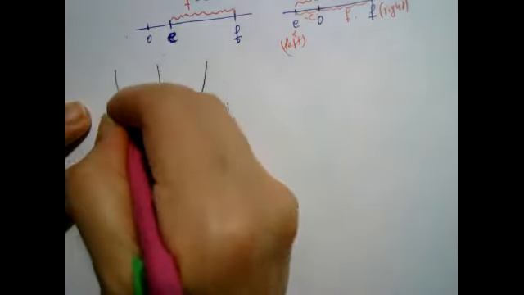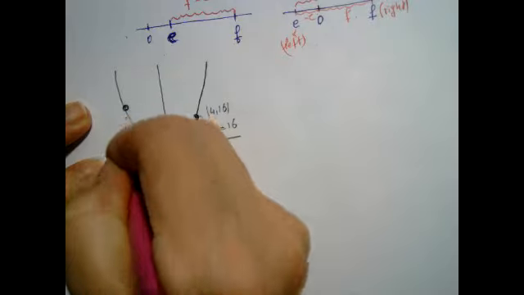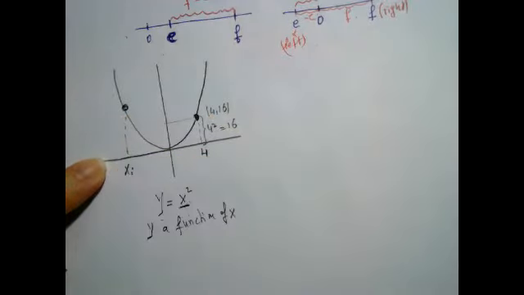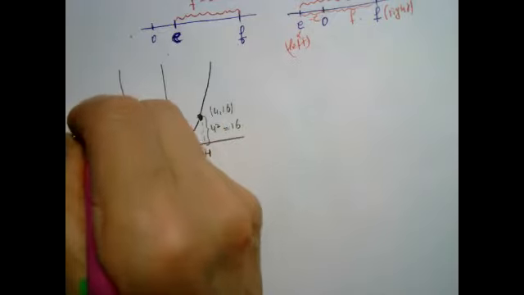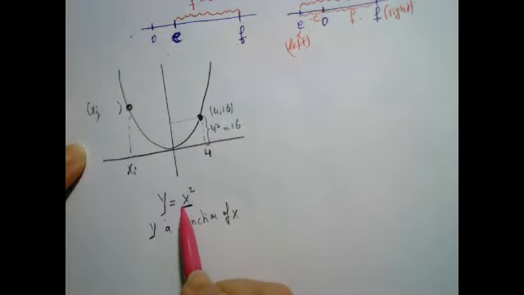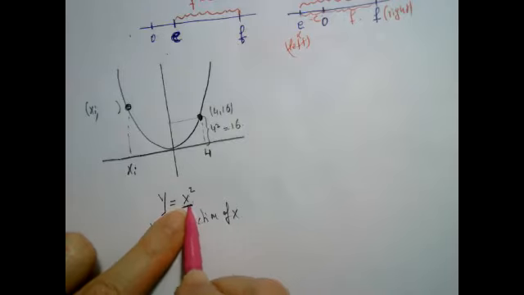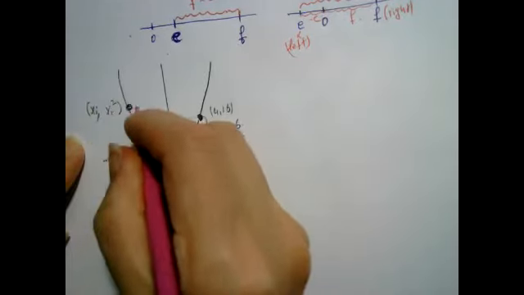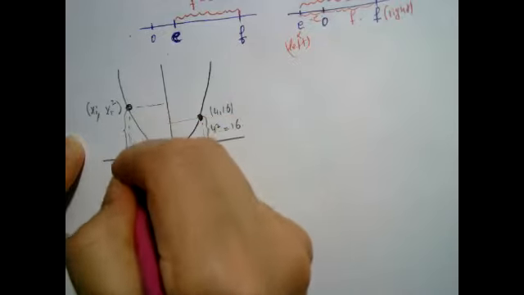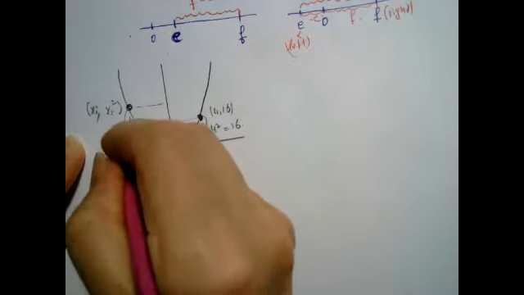So this formula gives you the vertical distance. And that's what we did last time. So when I call this x sub i here, then this point here has xi as the first coordinate. The second coordinate, we plug xi into this formula, xi squared. So this vertical distance from here to here is xi squared.